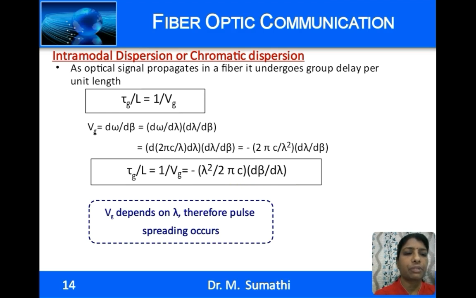As we can see from the expression, the group velocity and the group delay are functions of wavelength lambda. That is, the different wavelength components propagate with different velocities. So this results in difference in time delay between the different wavelength components, and this causes pulse spreading and thereby dispersion.